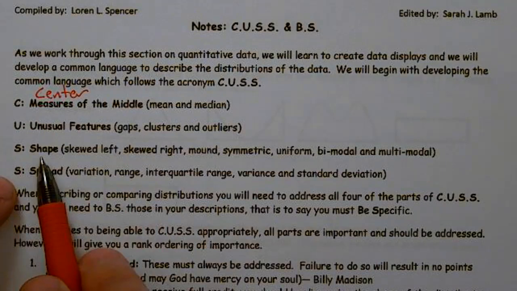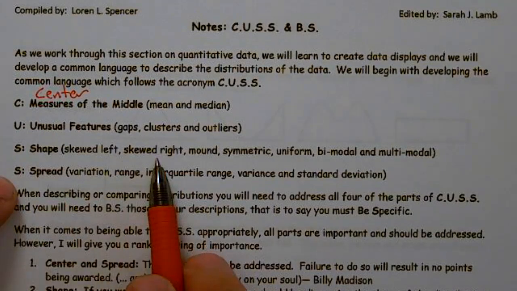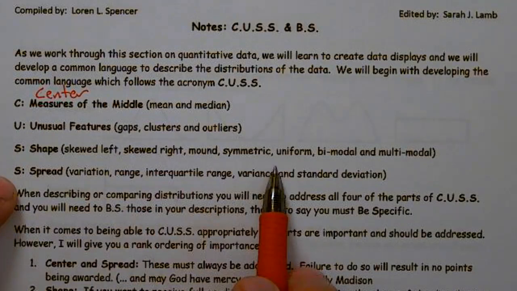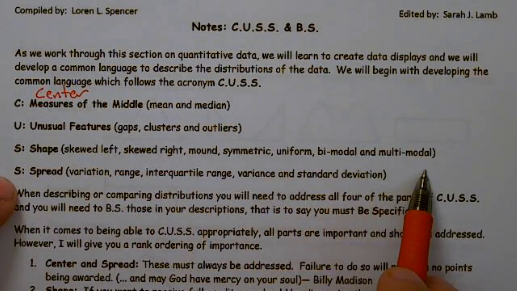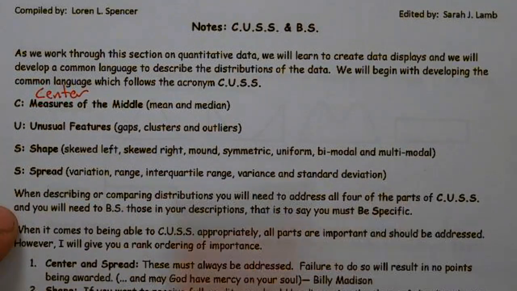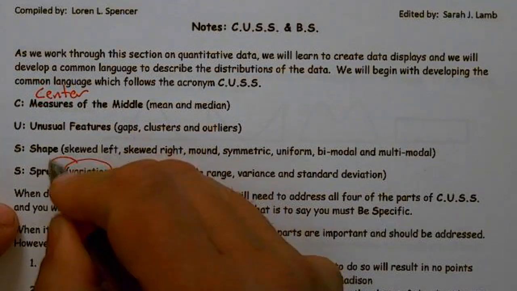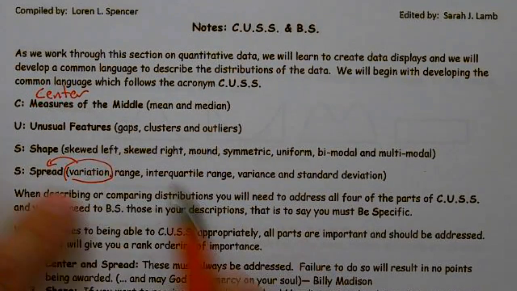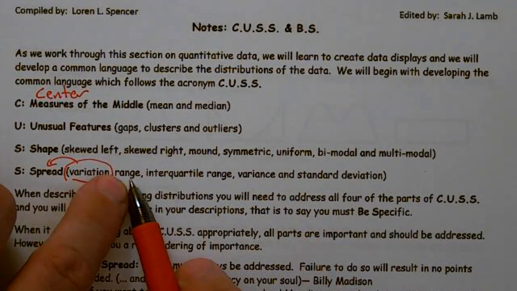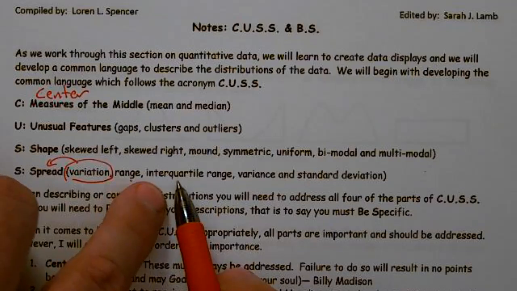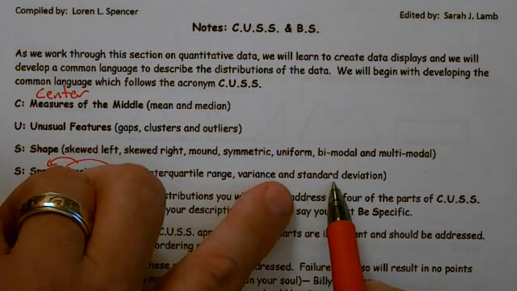S is shape, which can be skewed left, right, mound, symmetric, uniform, bimodal, or multimodal. And the other S is for spread, how much variation. And by the way, spread and variation are essentially synonyms for the same thing. The measures of spread or variation are the range, the interquartile range, variance, and standard deviation.